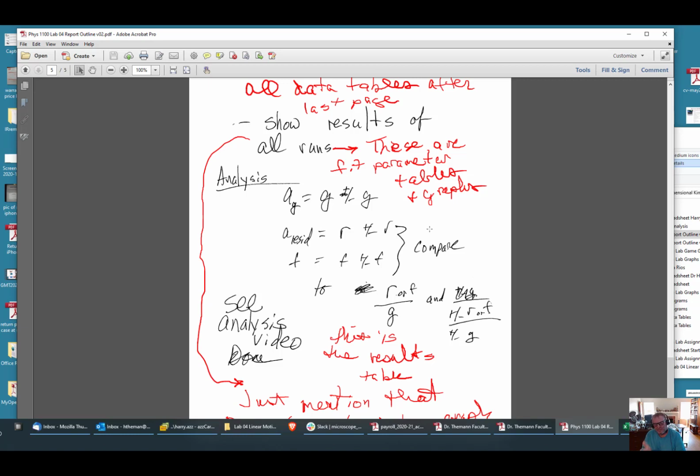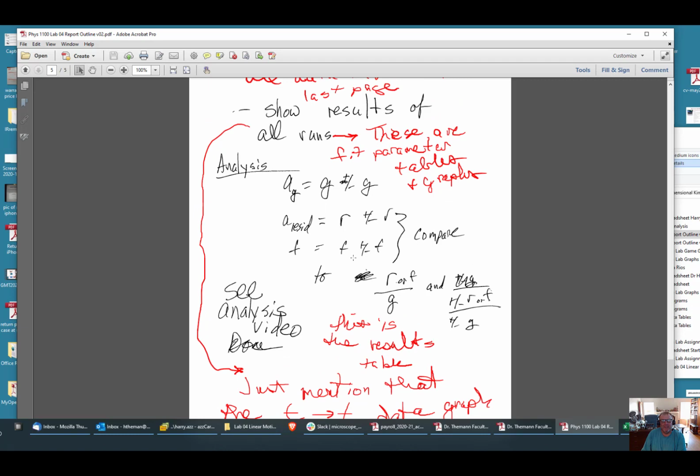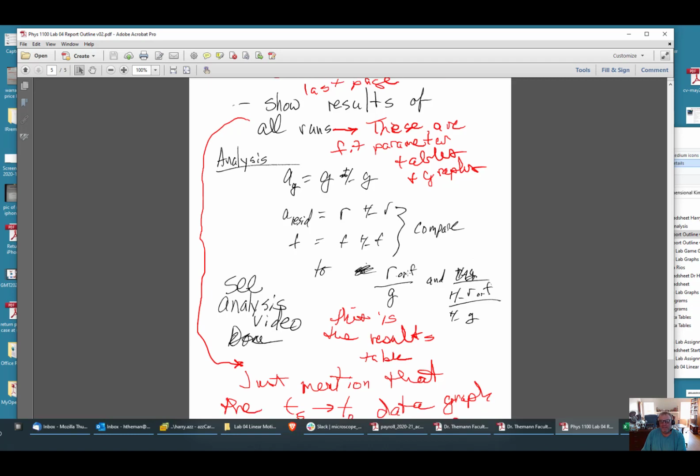The easy thing is that sine of theta actually equals h over L, so you don't need theta. Oh yeah, and we used the standard deviation of the residuals to get an idea of what our plus minuses were. So go ahead and look at that video, and you'll get that.